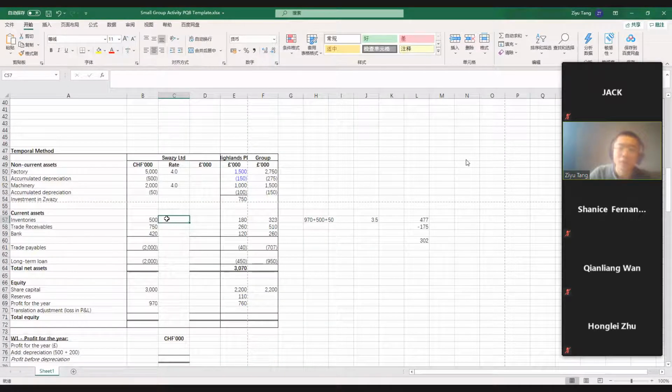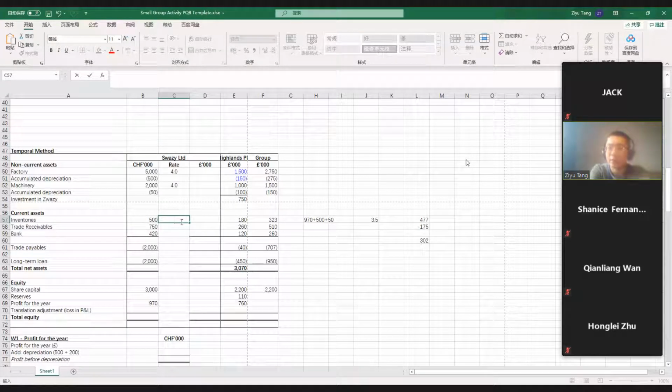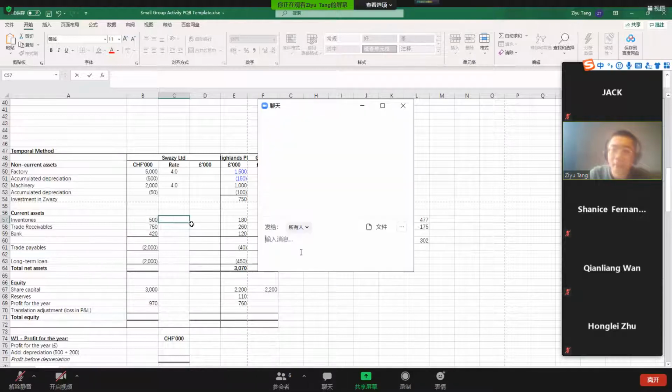So should we use 4 as the historical rate, or should we use 3, which is the closing rate? You need to think about this question. Does anyone have some thoughts? What is the historical rate of inventory?